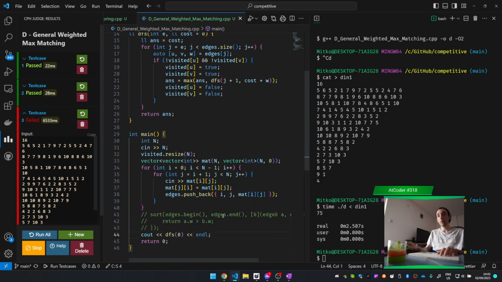Wait, sorting should not influence any of this, right?